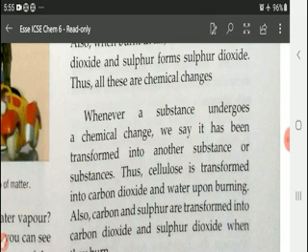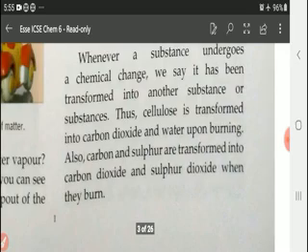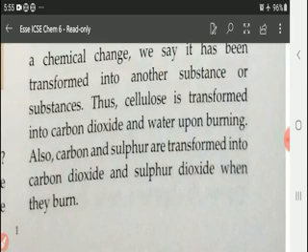Thus, cellulose is transformed into carbon dioxide and water upon burning. Also, carbon and sulfur are transformed into carbon dioxide and sulfur dioxide when they burn.